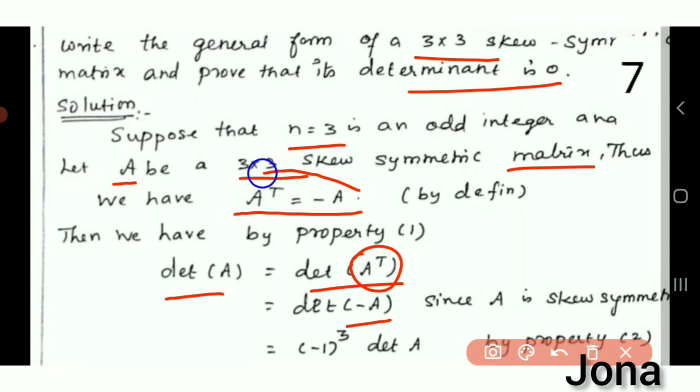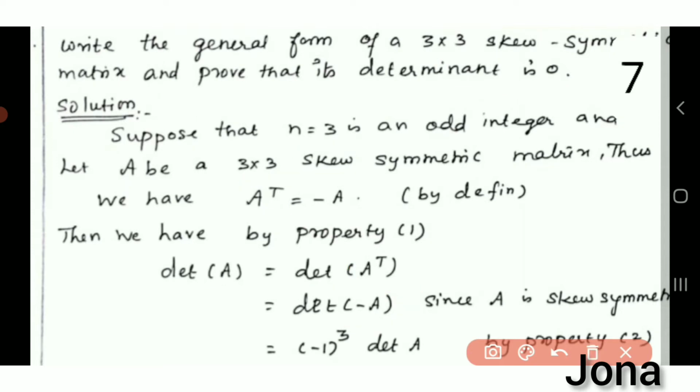Because it is given that A transpose equals minus A, as A is skew symmetric, so determinant of minus A. A is of order 3, so determinant of minus A is minus 1 to the power 3 into determinant A, because n is 3 here.